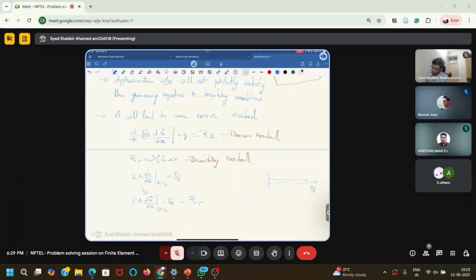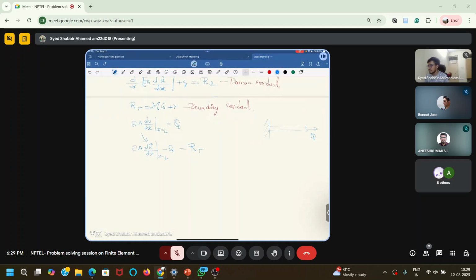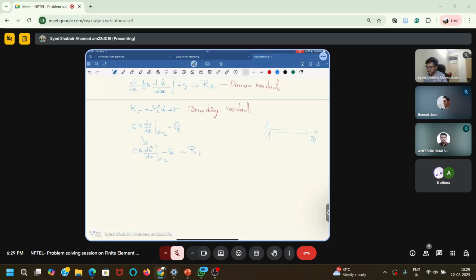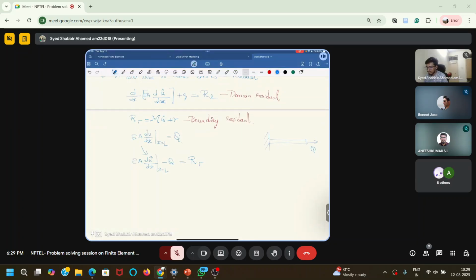We can call it the boundary residual. So that's how an approximate solution leads to error.